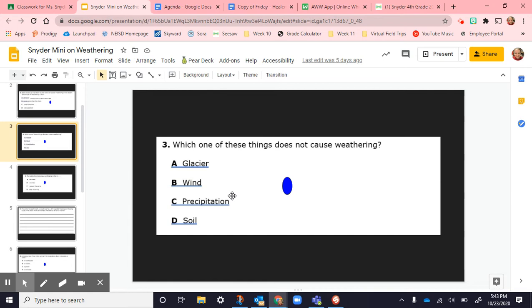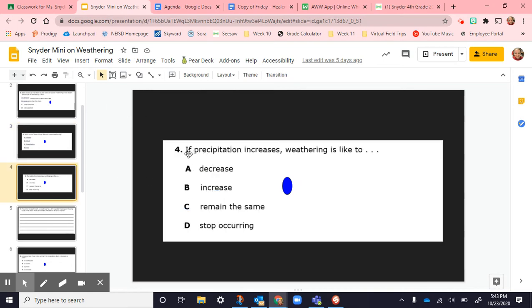Precipitation is anytime it rains, sleets, snows, or hails. It depends on the temperature, what we get. So we know that weathering can be caused by water, wind, and ice. So if you think about it, this one is ice, this one is wind, this one is water, this one is soil. Which of these doesn't fit in that category?